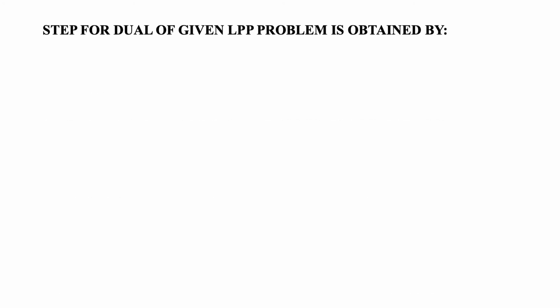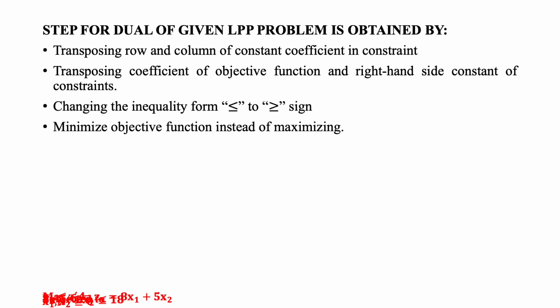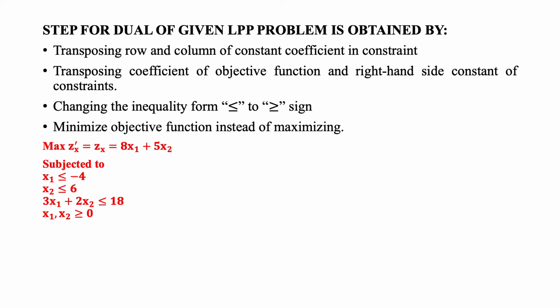After that we will see the steps involved to convert any standard primal form into dual form. So these are the steps which are required. That's my standard primal form. From the last example you have seen it is negative over here, and here I have converted it into standard form. All are in less than or equals to form. The next step is to convert into dual form.